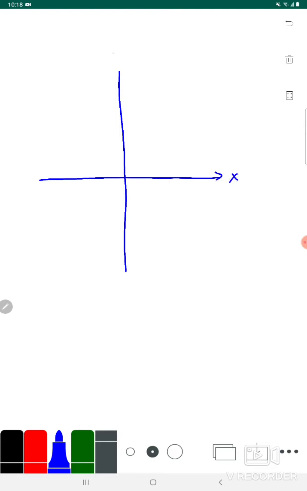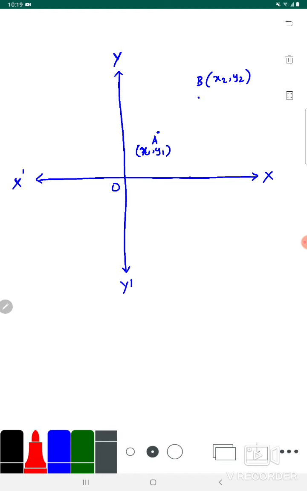this is the x axis and this is my y axis. This is the origin, as you all know. Now let us assume that there is a point A which is located at x1 comma y1, and also there is another point B which is located at x2 comma y2.